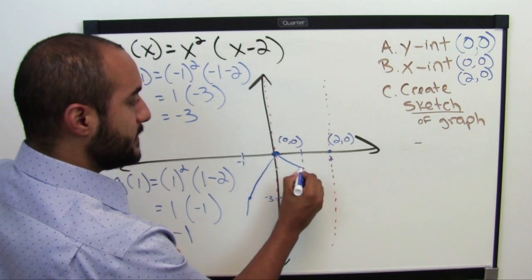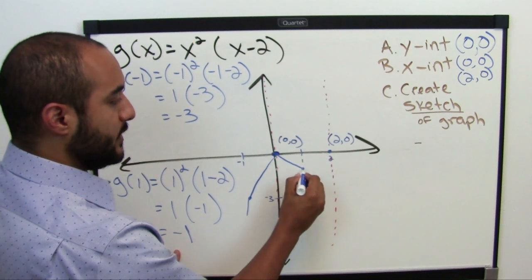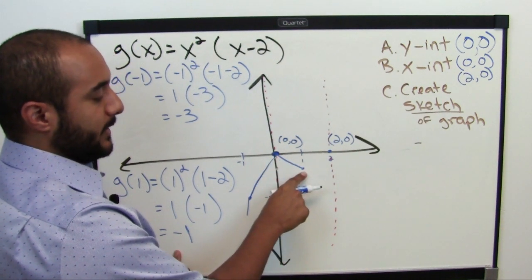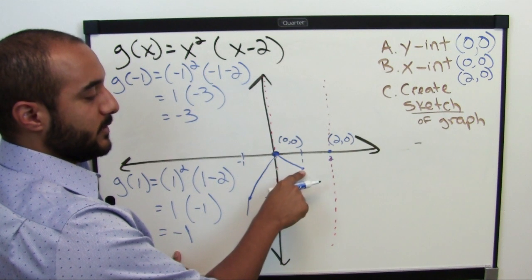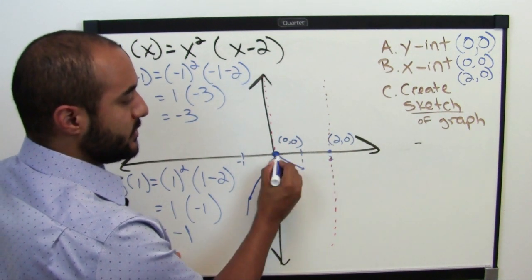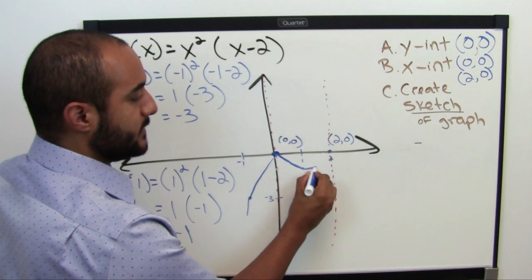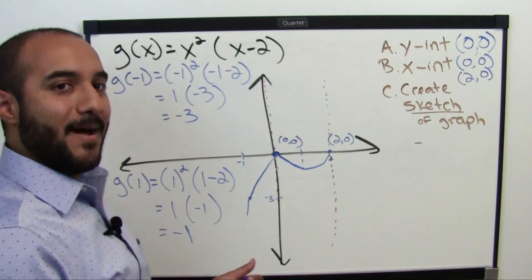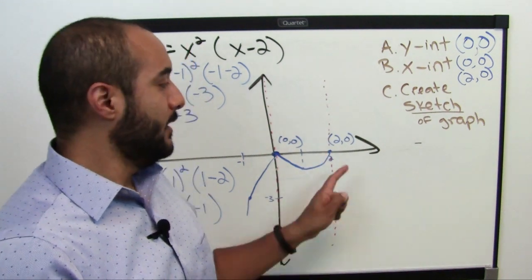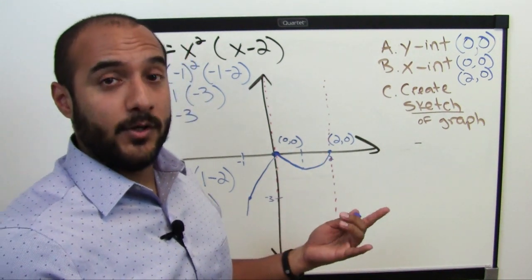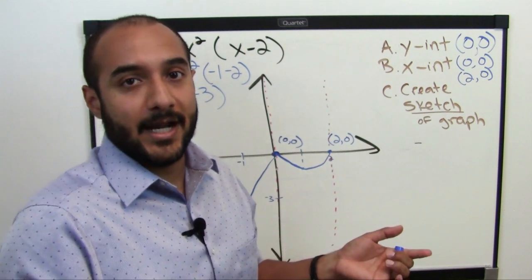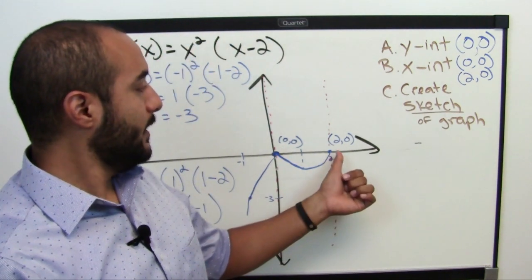Somewhere in this region, I don't know if it's here, just because I made a point here doesn't mean that it turns here, but somewhere in this region, this graph will come back up. That's the only way that it'll reach this x-coordinate. I know, it looks kind of weird, but I'll show it to you on Desmos as well so you can see that I'm not making it up.